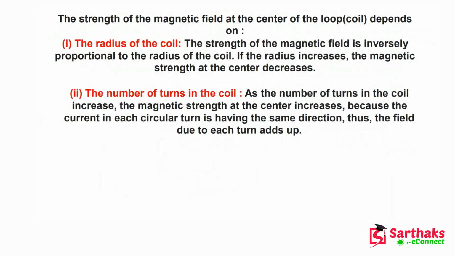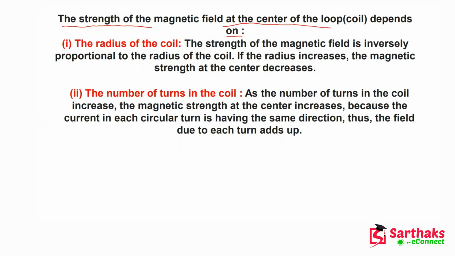Okay, so here we have to talk about some information about the strength of the magnetic field. Basically, guys, the strength of a magnetic field at the center of the loop depends on some points.